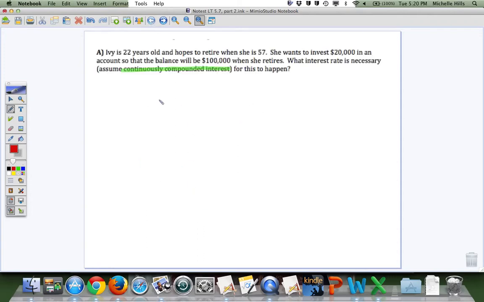So, continuously: she's 22 years old and hopes to retire when she's 57. So I'm going to use A equals P times e to the RT power. She wants to invest $20,000, so her principal is $20,000, and she wants to have $100,000 at the end.